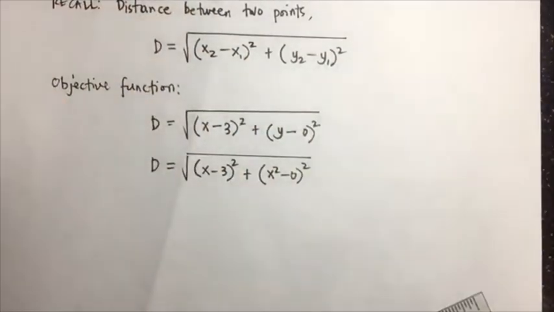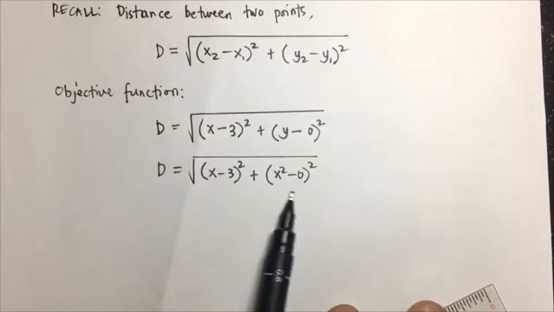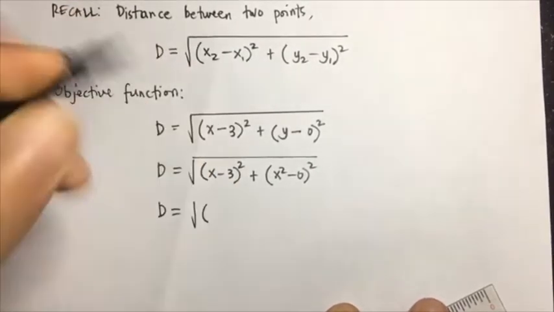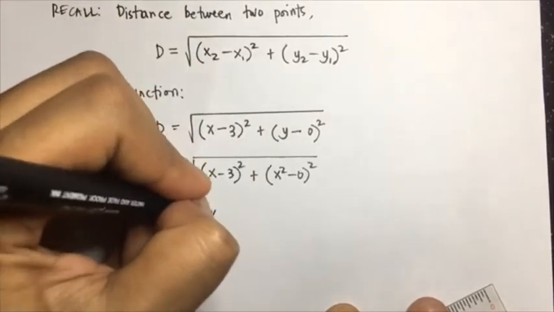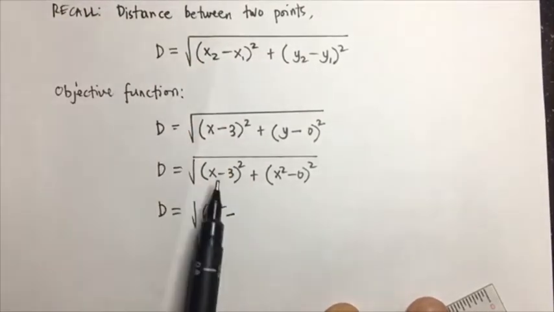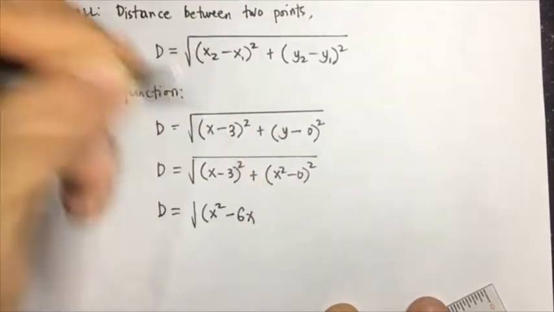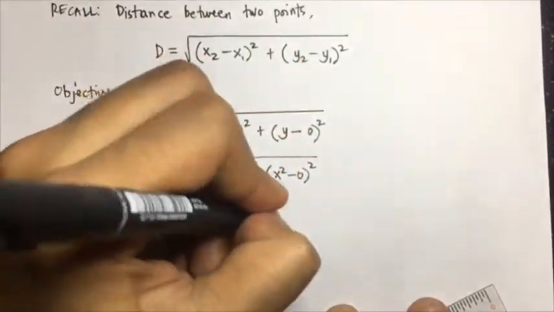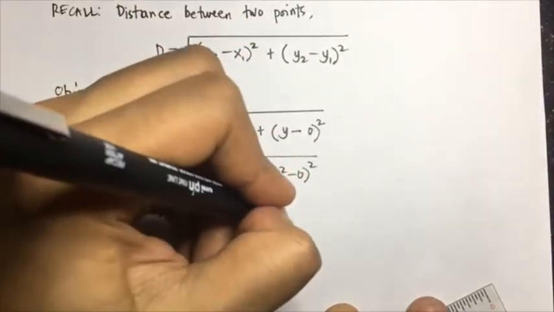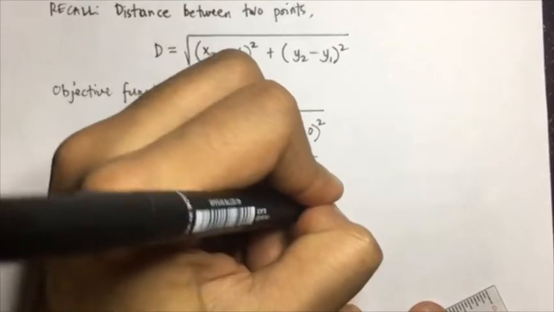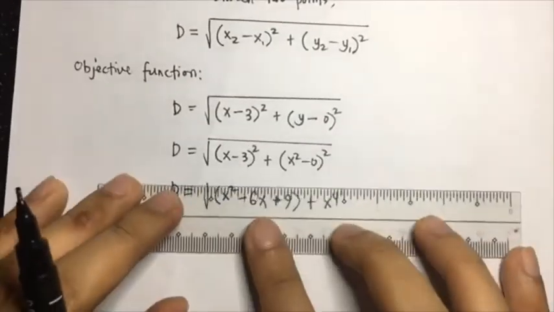So we can expand the expressions inside the radical sign. So d is equal to the square root of x squared minus 6x plus 9, and then plus x squared squared, so that's x to the power of 4.